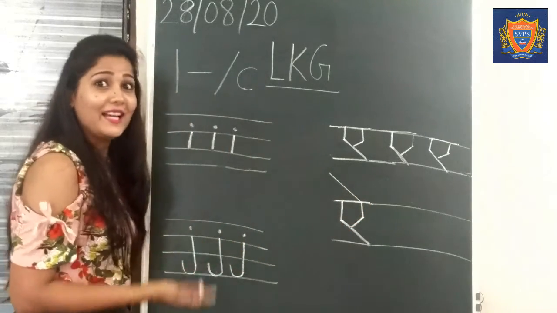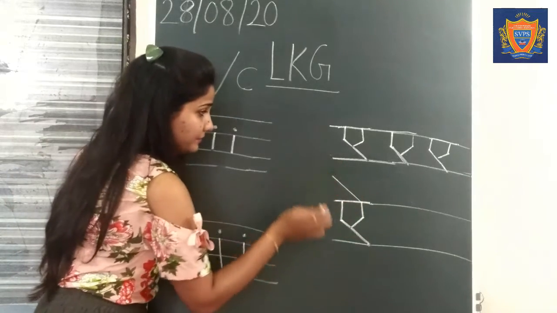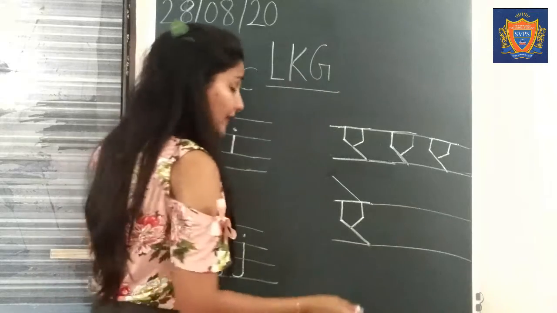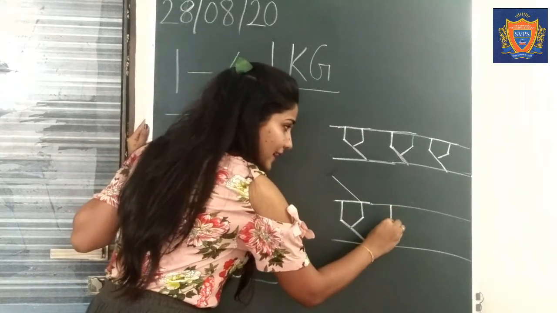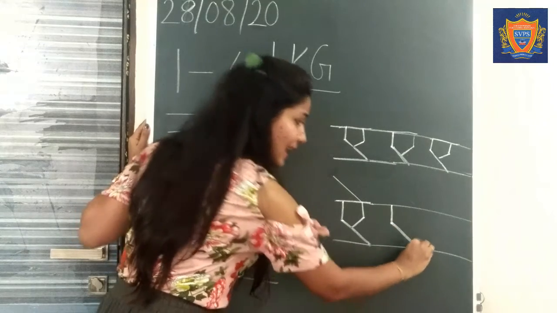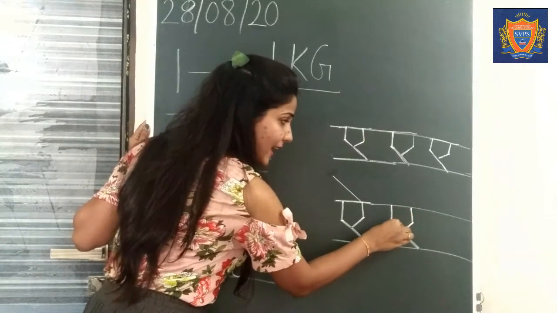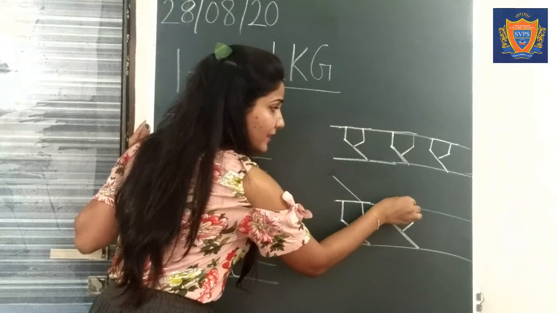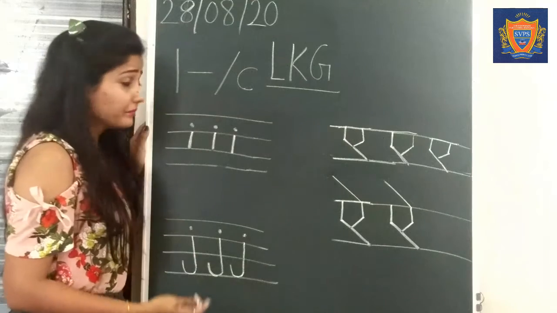It becomes I and a Ka. Very easy. Now one more time, repeat the strokes after me, okay? Standing line, slant line. Standing line, slant line. And a slant line. I and a Ka.